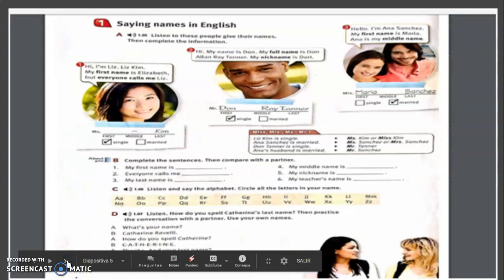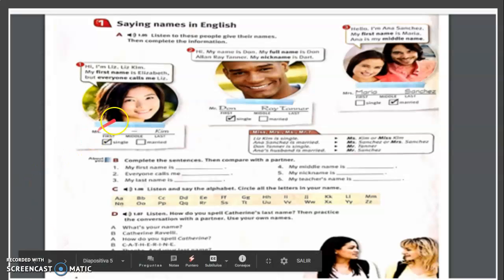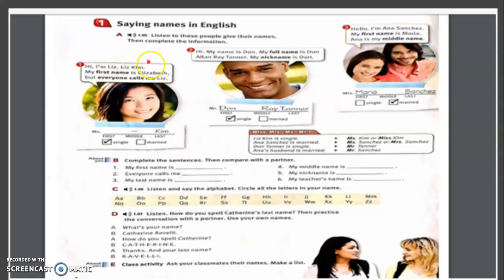Activity number 2. In this case, we have another person's name. Hi, I am Liz King. My first name is Elizabeth, but everyone calls me Liz. Later we have an activity.